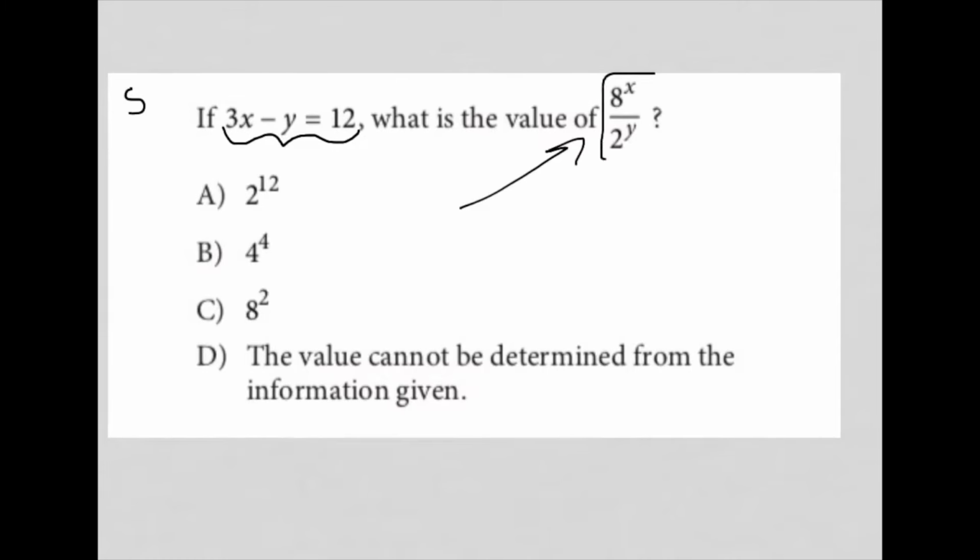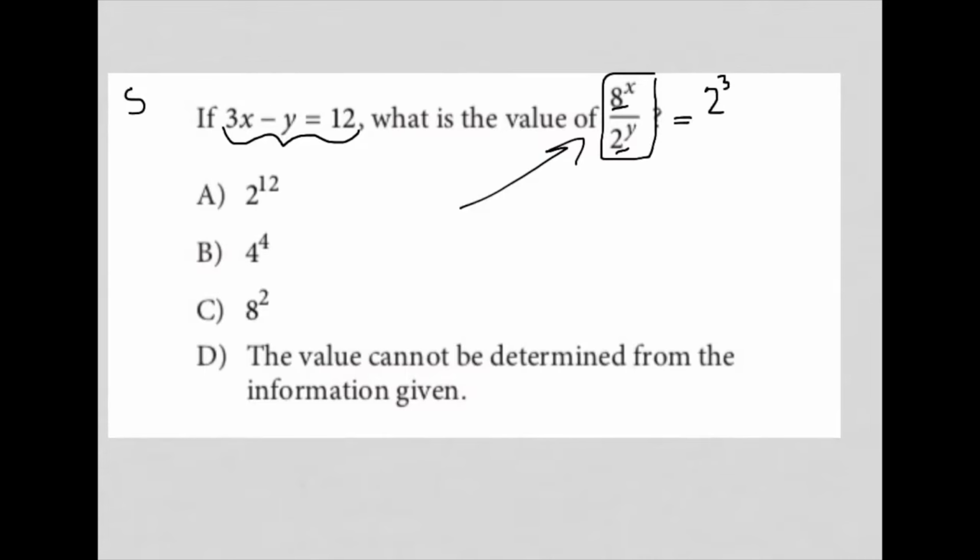So is there a way to simplify 8 to the x over 2 to the y? Well, actually, there is. Exponent rules tell me that if I'm dividing values that have the same base, I can subtract the exponents. I don't have the same base here because the base of the top is 8 and the base of the bottom is 2, but I can convert 8 into something with a base of 2, because 8 is the same as 2 to the third power.